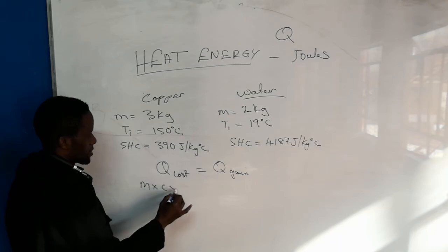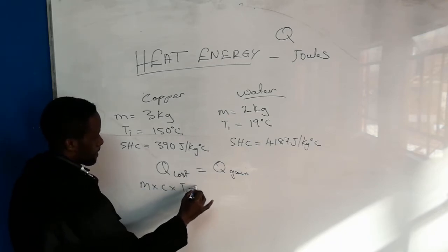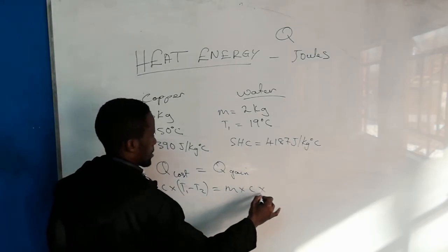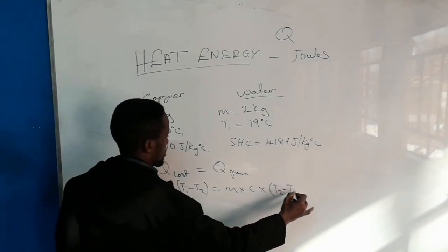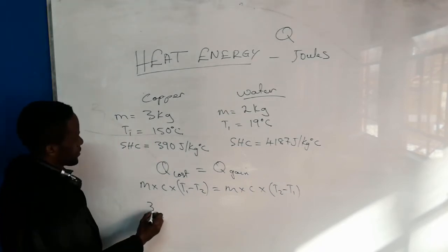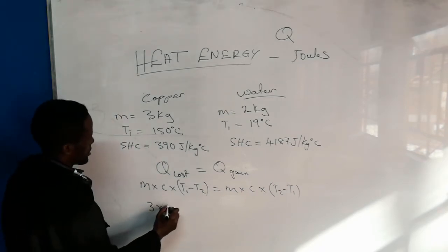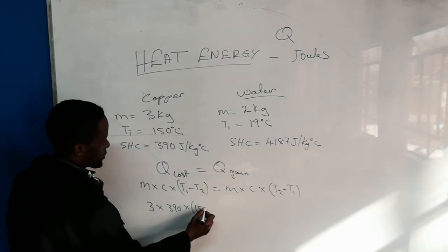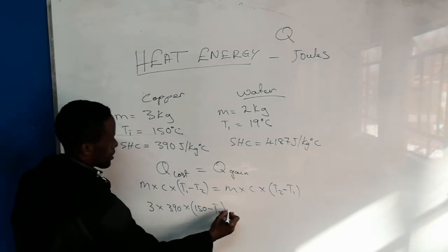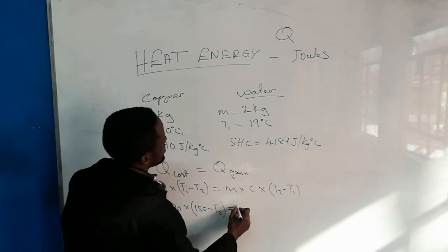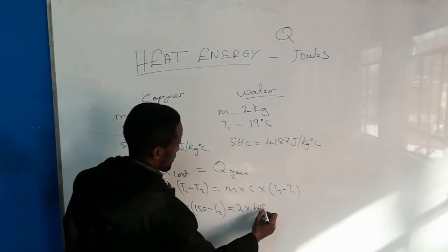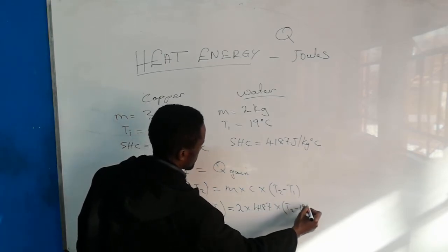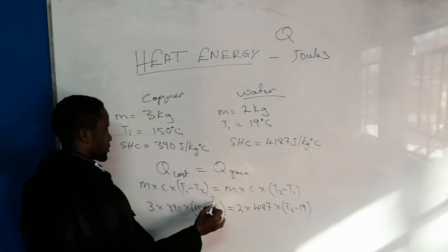Mass times specific heat capacity: 3 kgs times 390, times 150 minus T2. And then we calculate for our T2.